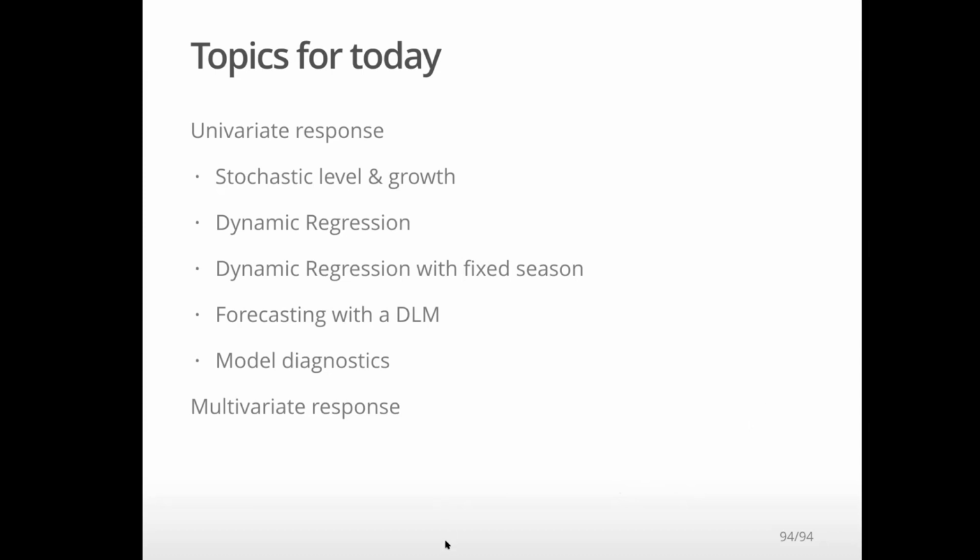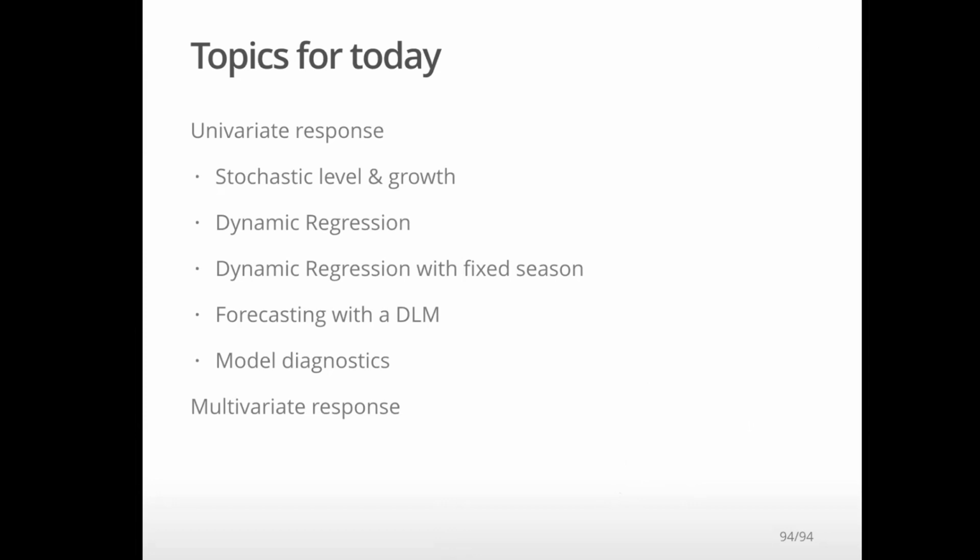I'll just make a comment that I think these dynamic linear models are one of the most powerful methods that you are going to learn in this class for addressing problems that we come up with really often within fisheries and environmental science.